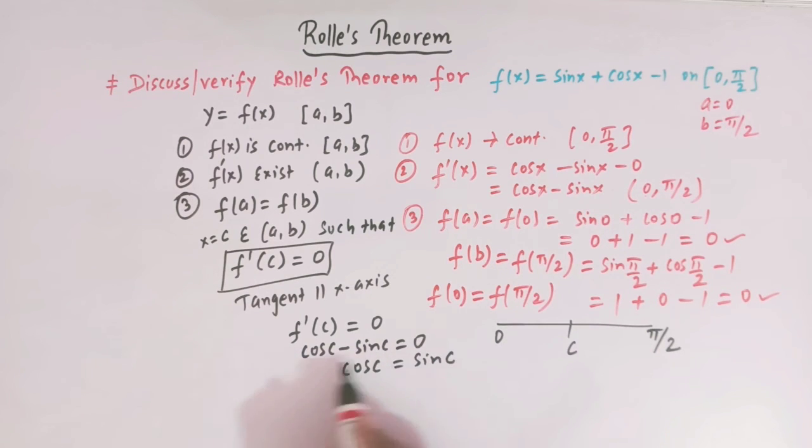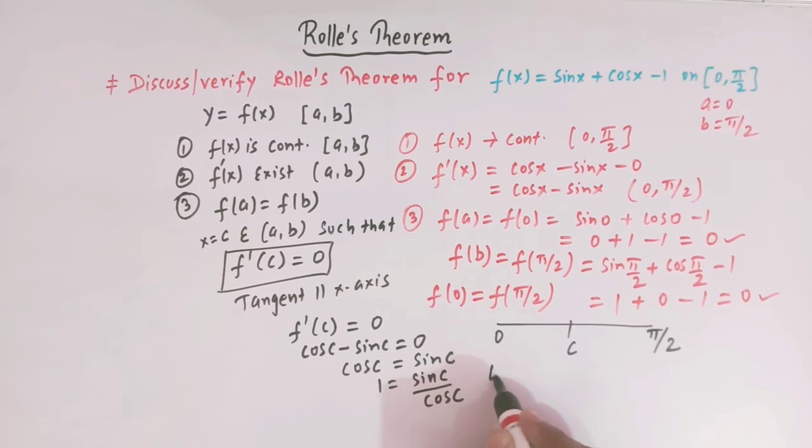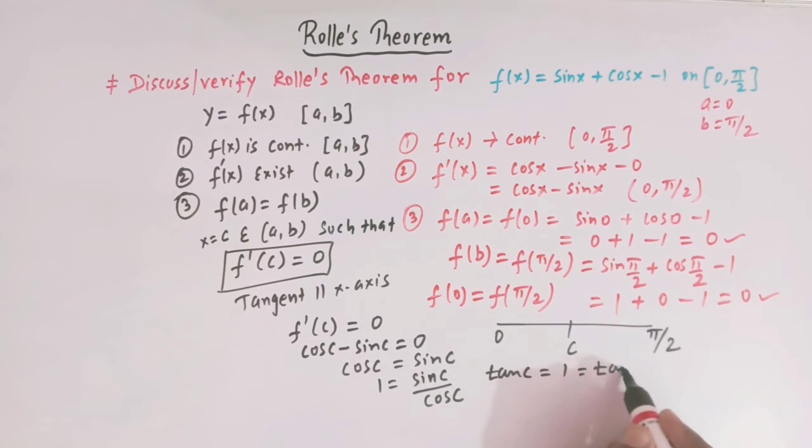Again here we have a trigonometric equation and we have to solve it for c. Now cos c is equal to sin c, which can also be written as 1 is equal to sin c over cos c, and sin c over cos c is equal to tan c. Tan c is equal to 1, and the value of c for which tan c is equal to 1 is pi by 4, that is 45 degrees.